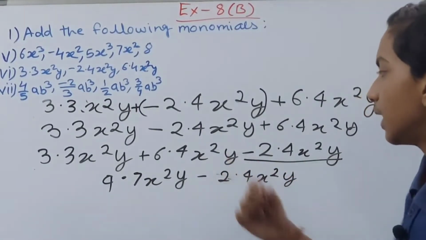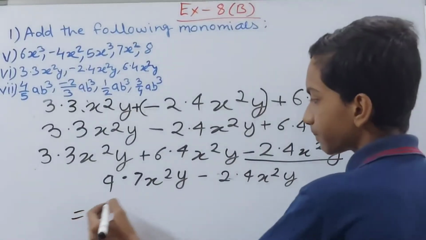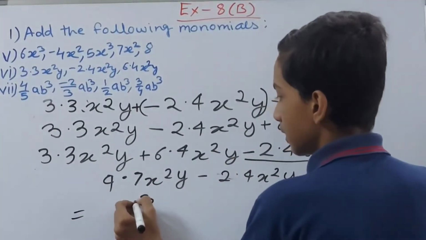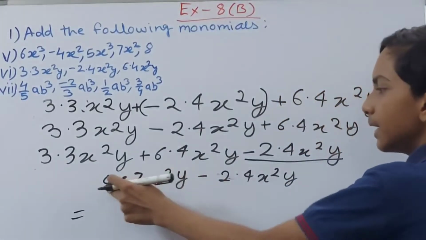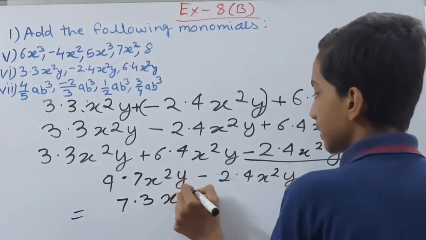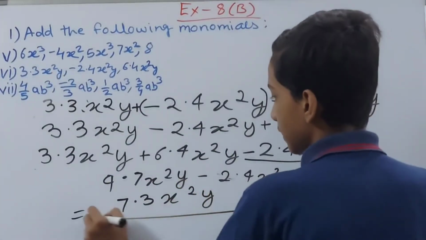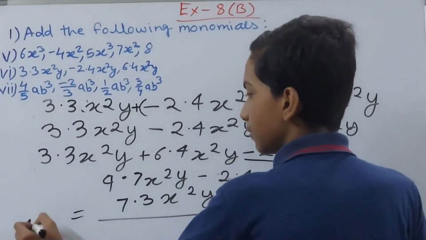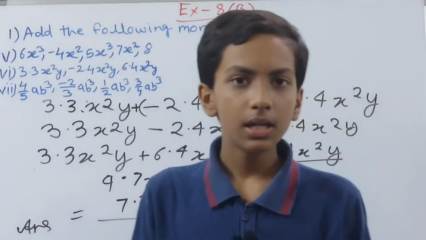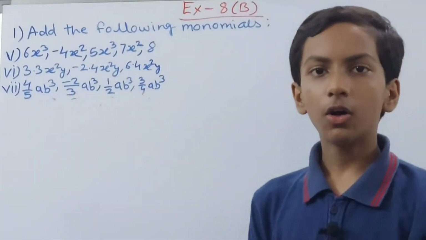Now we solve this, so we get 7 minus 4 is 3, so 3 after the decimal point, and 9 minus 2 is 7, so 7.3x square y. This becomes our answer of the question, 7.3x square y. Alright, let us move on to the next part.